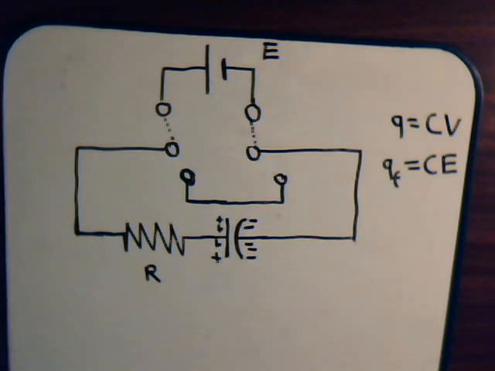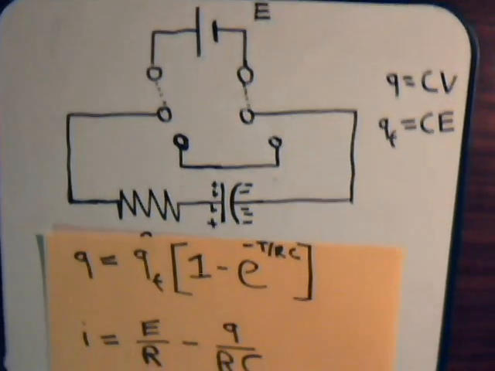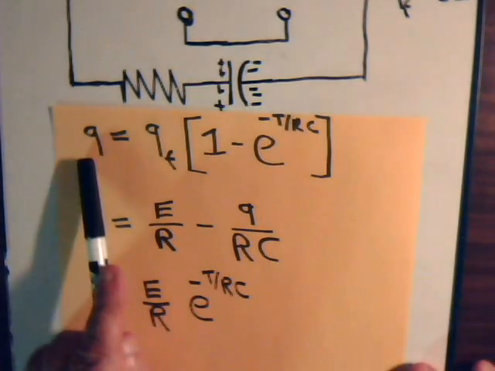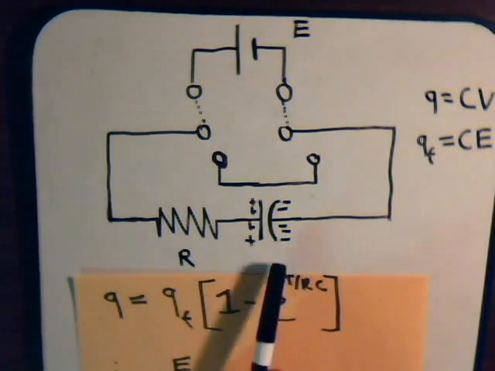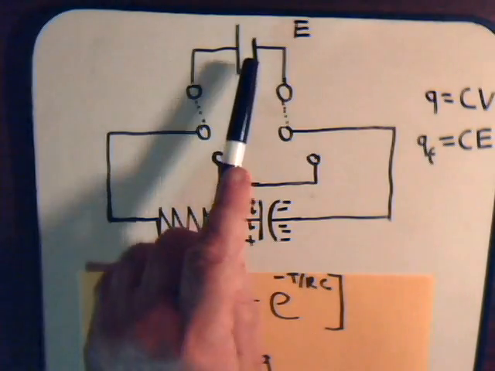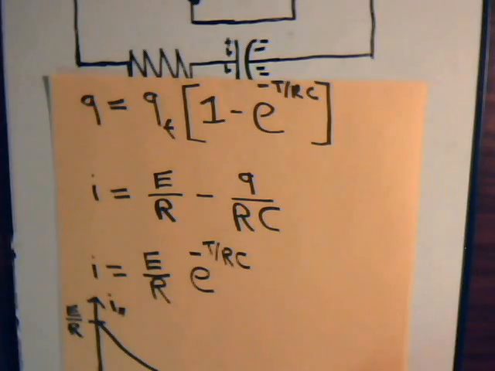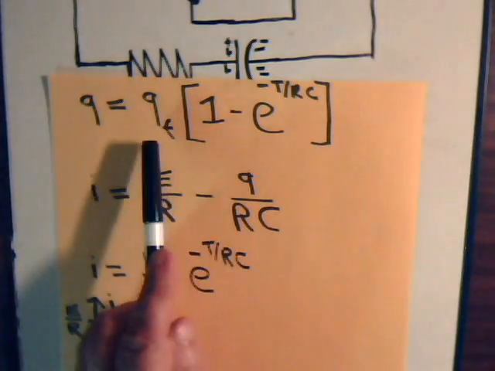Now, in the last video, we had determined that the equation for charge accumulation on the capacitor is this. And now, for a simple capacitor, resistor, battery in series like that, we had this equation for the current for the circuit. That's the charge on the capacitor, which is this.